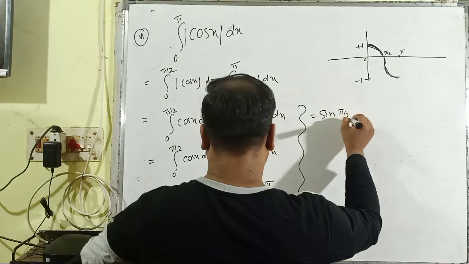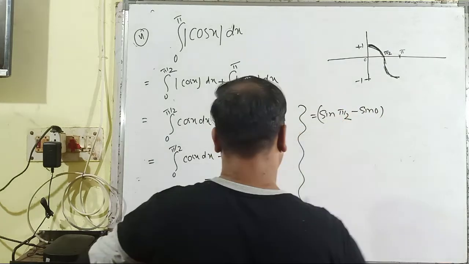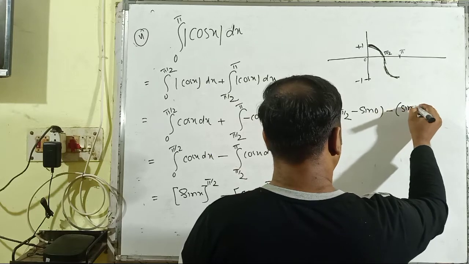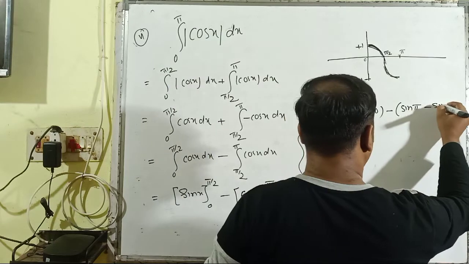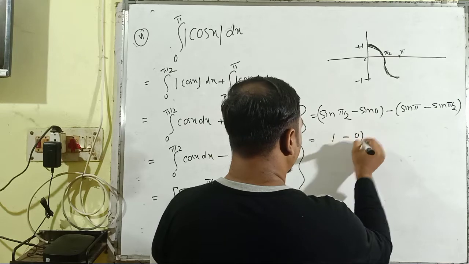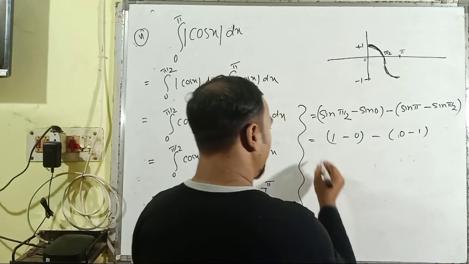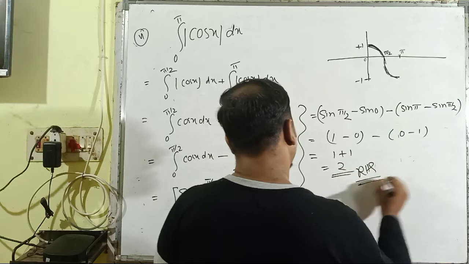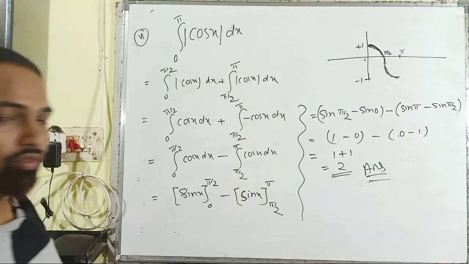It is sin pi by 2 minus sin 0, then minus, we have to put sin pi minus sin pi by 2. And here it is 1 minus 0 minus 0 minus 1, it is 1 plus 1, and here it is 2, and this is our answer for this problem number 4.